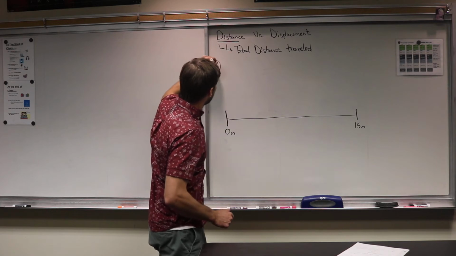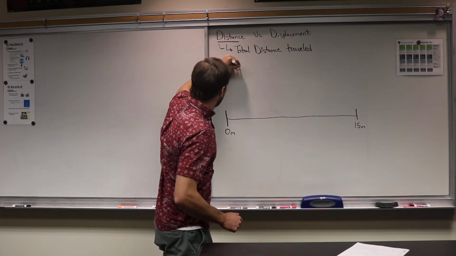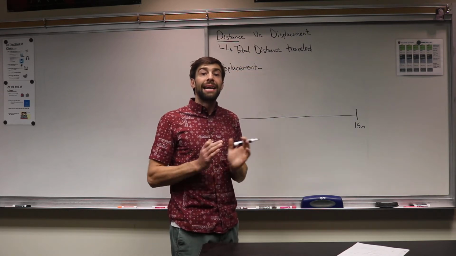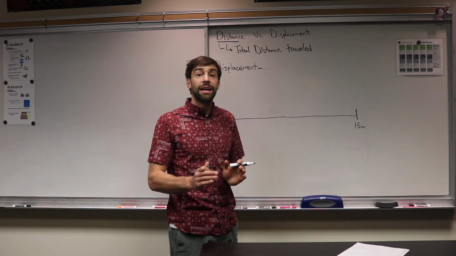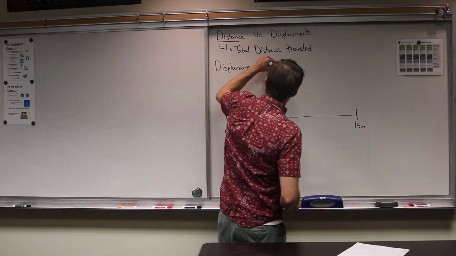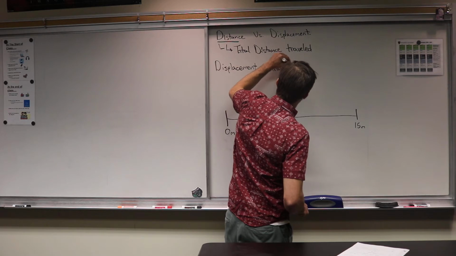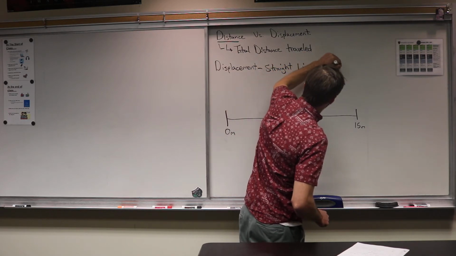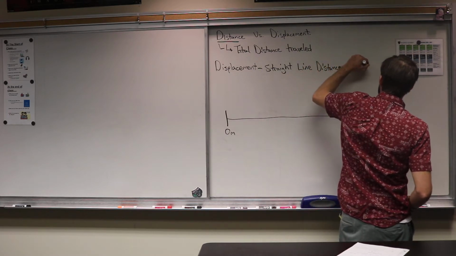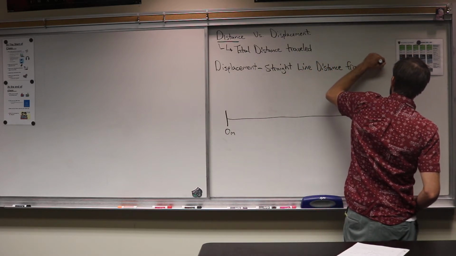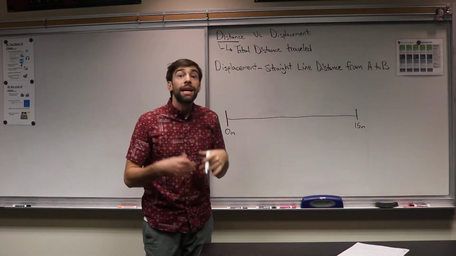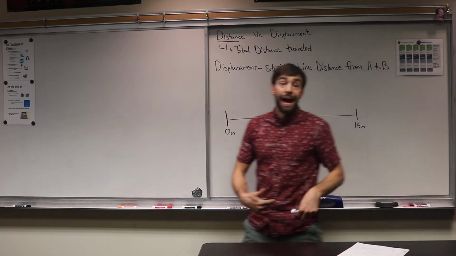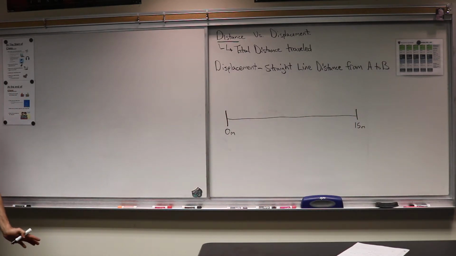Displacement is the straight line distance from point A to B. So, in the previous example, I started here, I walked over here, we said that was 5 meters.